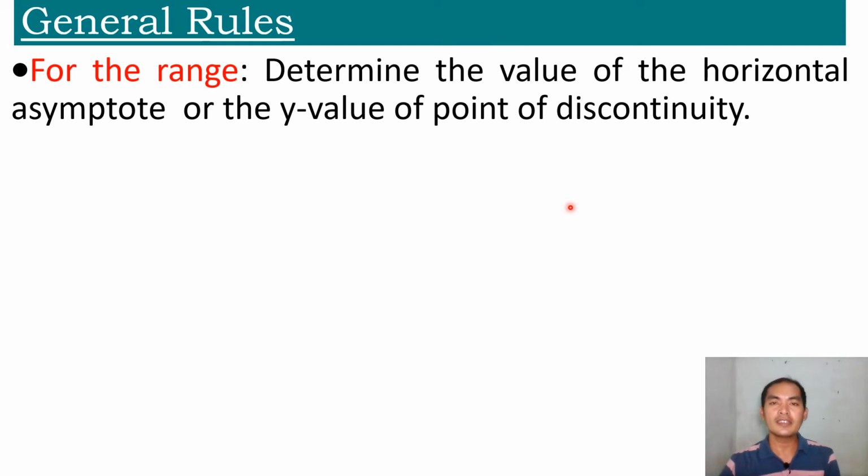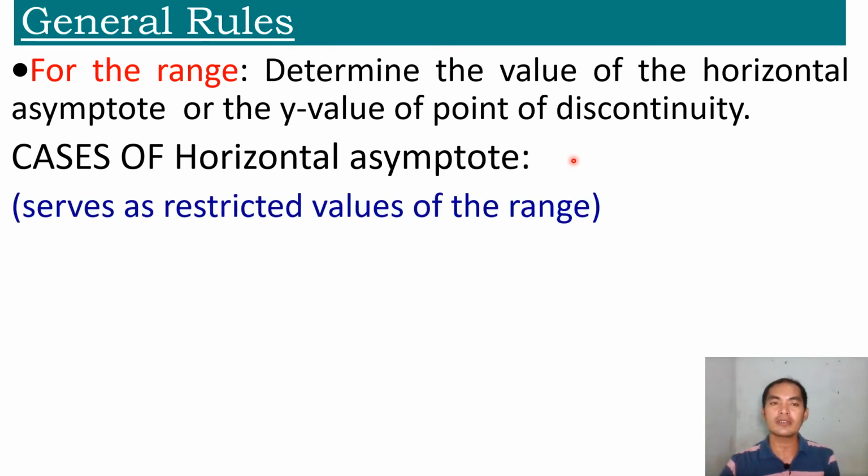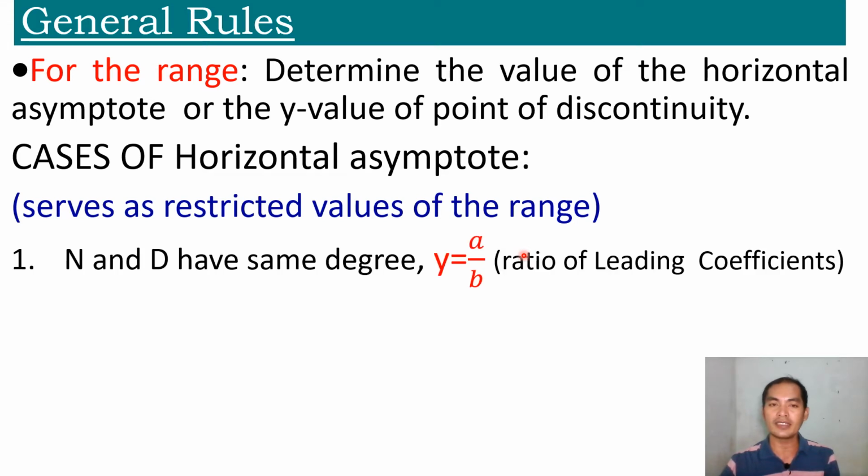For the range, determine the value of the horizontal asymptote or the value of the point of discontinuity. We will use here the cases of horizontal asymptote, and this serves as the restricted value of the range.